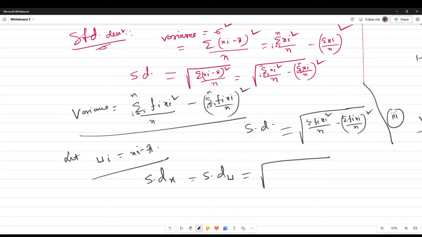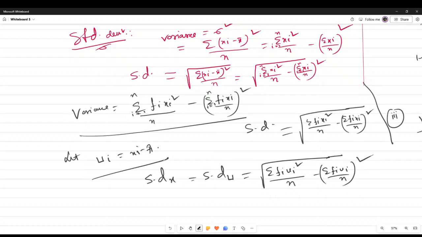It means if you reduce the data, the formula will remain the same: sigma fi ui square by n minus sigma fi ui by n whole square. Okay, so by changing origin, standard deviation will not change.